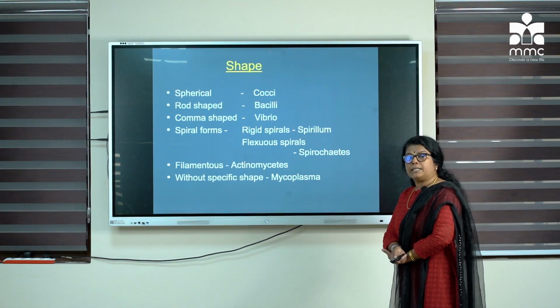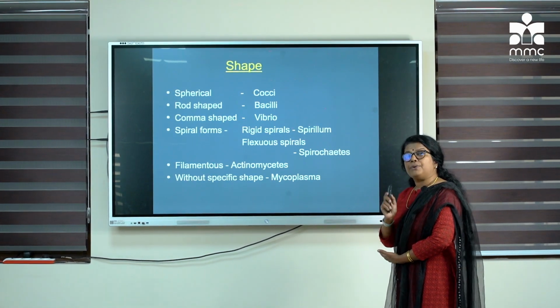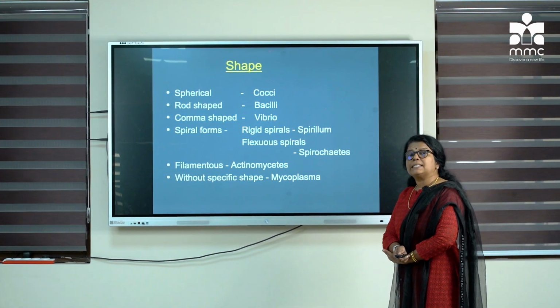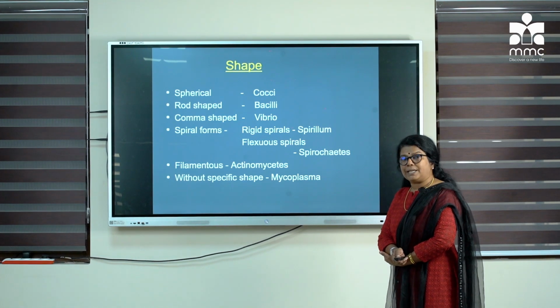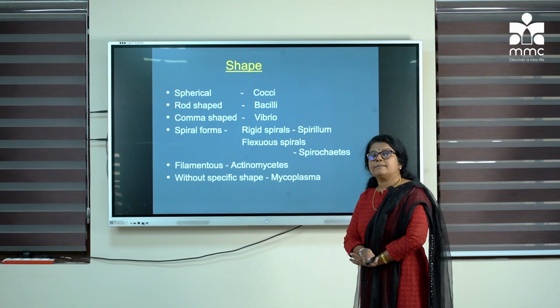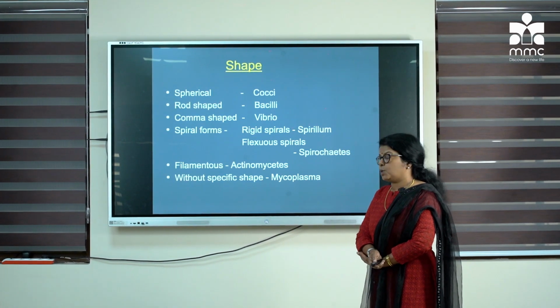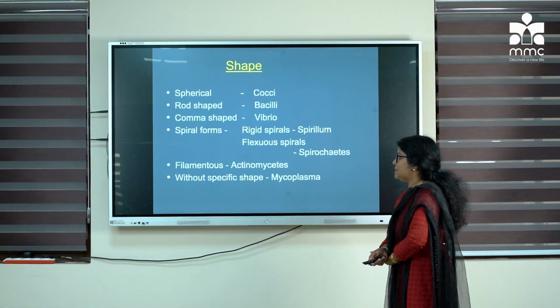Then spiral bacteria are also there, rigid spirals as well as flexible spirals. Flexible spirals are the spirochetes, under which come Treponema pallidum, the causative agent of syphilis, and Leptospira, the causative agent of leptospirosis.